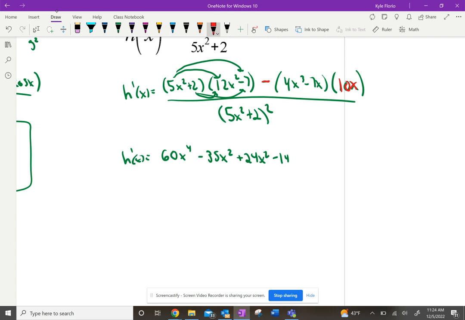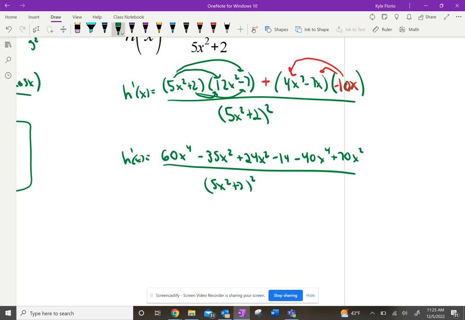I don't want to confuse you, but think of this as just a negative 10x. If I multiply that in, I'm going to get minus 40x to the fourth, and then negative 10x times the negative 7 is going to give me a positive 70x squared, all over this.